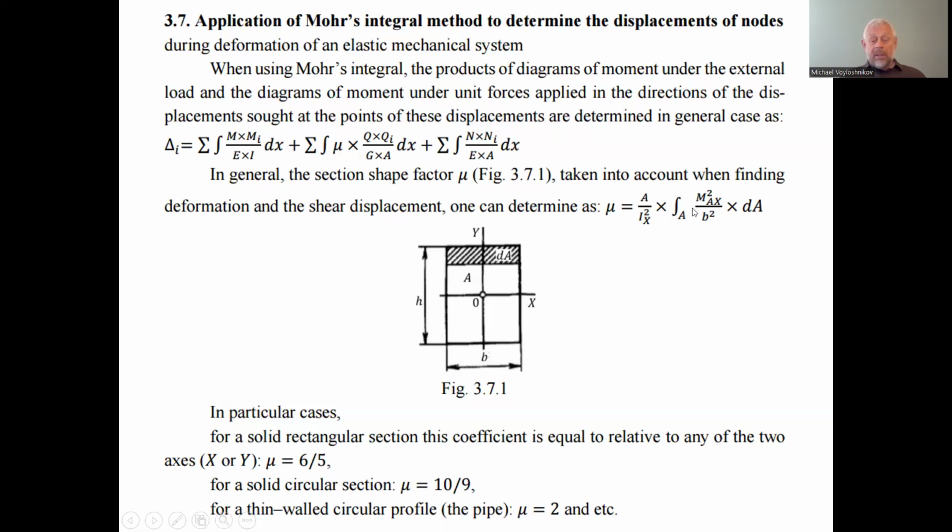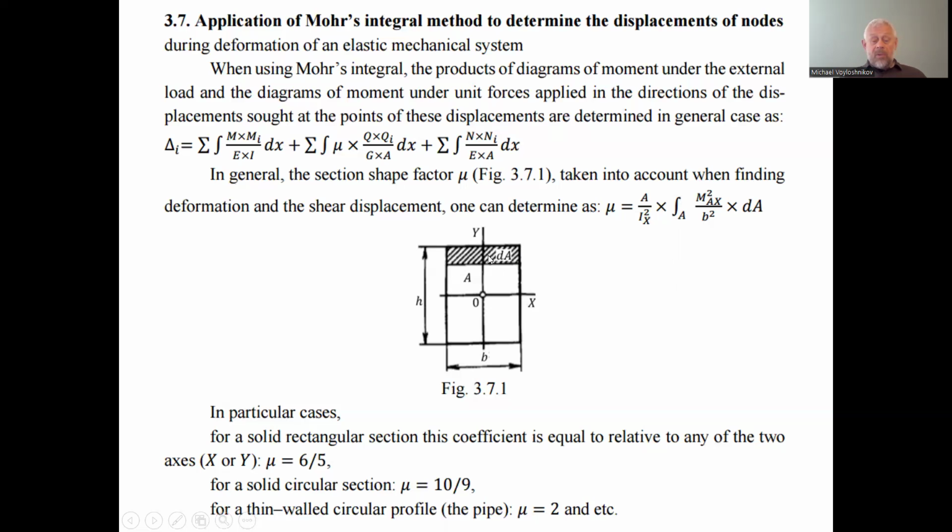The integrand is the fraction of the static moment, a product of the area of the cut-off part shaded here and the distance between the center of this area and the center of the area of the whole section, to the abscissa axis, as we consider the abscissa axis crossing the center of the area of the full transverse section of the element of the mechanical system.